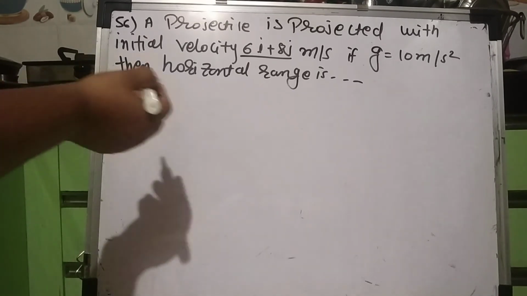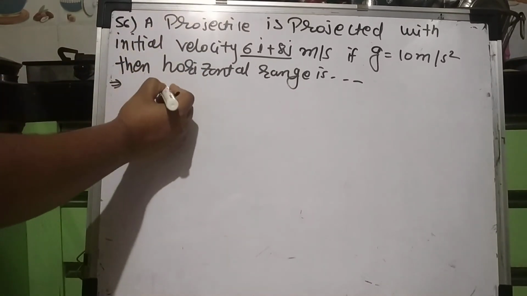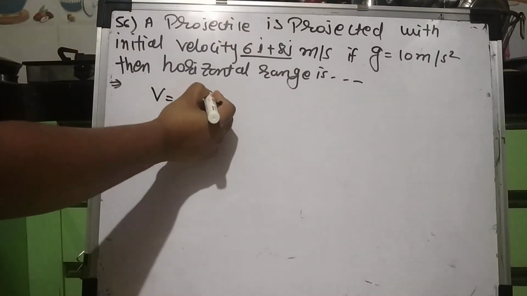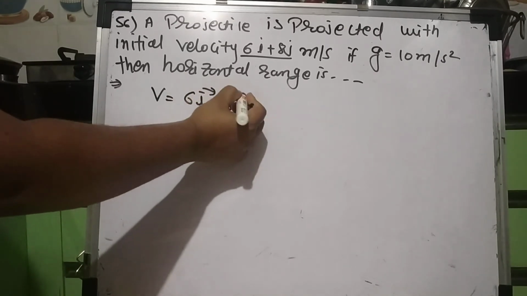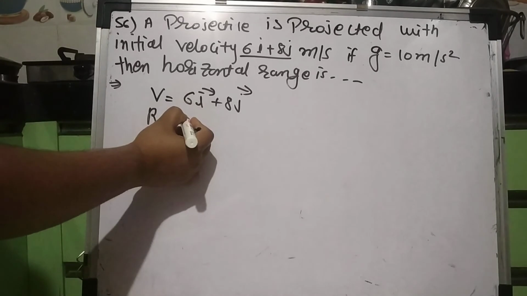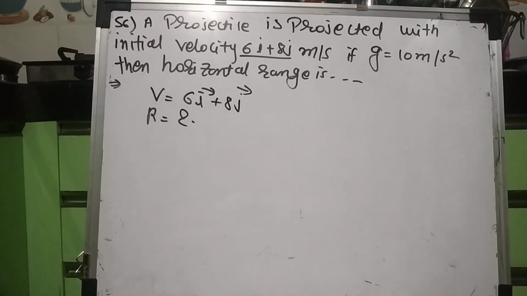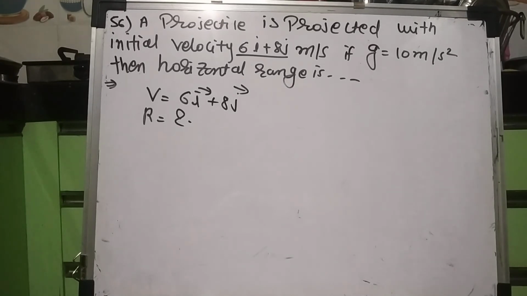Okay, we have to calculate the horizontal range. Velocity is given to you: v is equal to 6i plus 8j, and we have to calculate what? Horizontal range. So how to calculate the horizontal range?